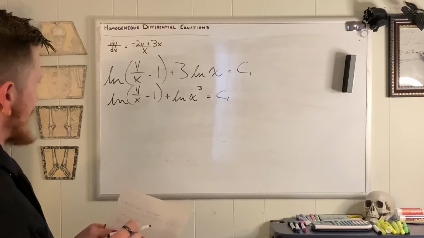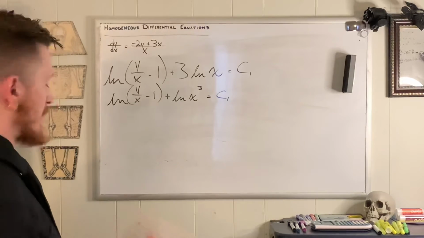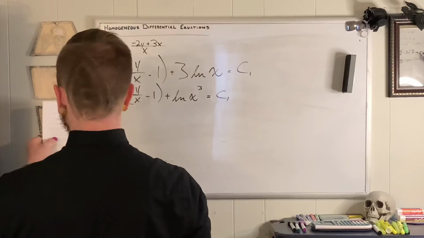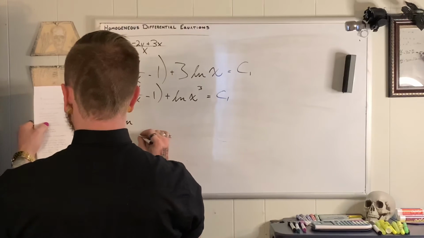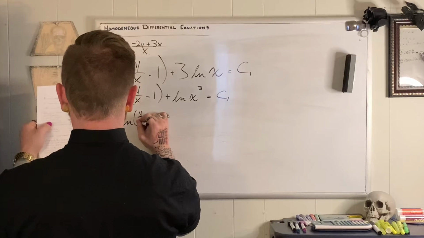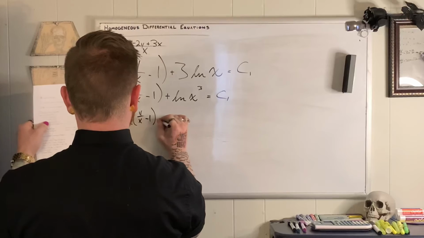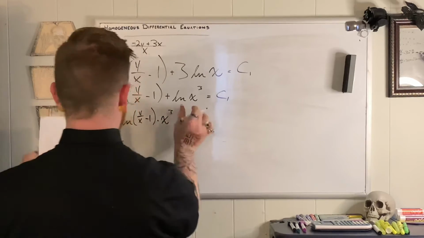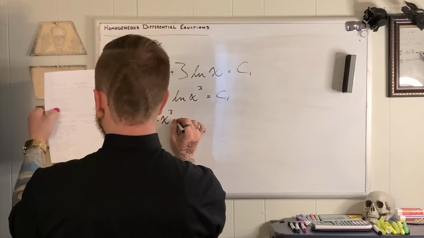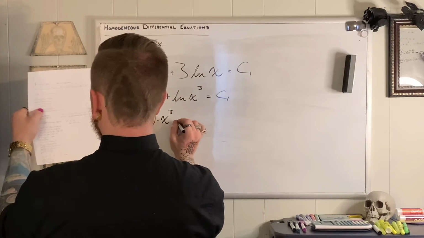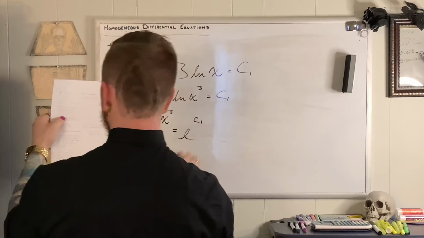Let's take both sides of this equation and put them in the exponent of the exponential function. So we're going to say we have e to the natural log of y over x minus 1 times x cubed, by properties of natural logarithms. And this equals e to the c1.